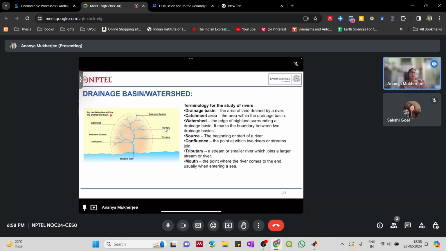Confluences are where two rivers or streams join, and the tributary is a smaller stream or river which joins the main channel or main river, which is the main part of the drainage basin. And the mouth is the point where the river enters the sea, so it is the end of the river.